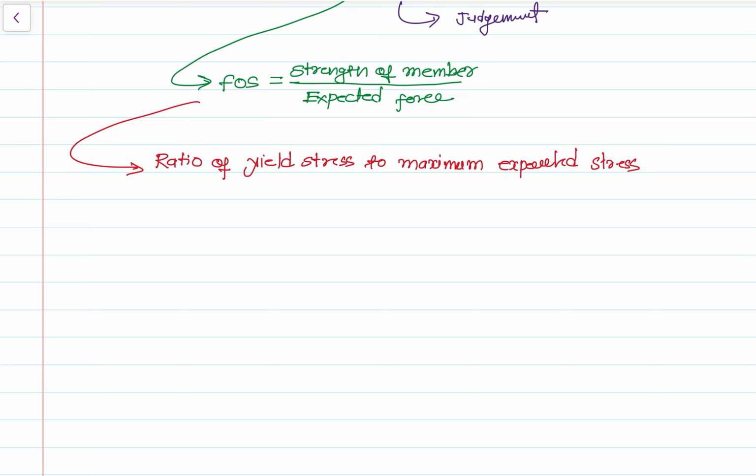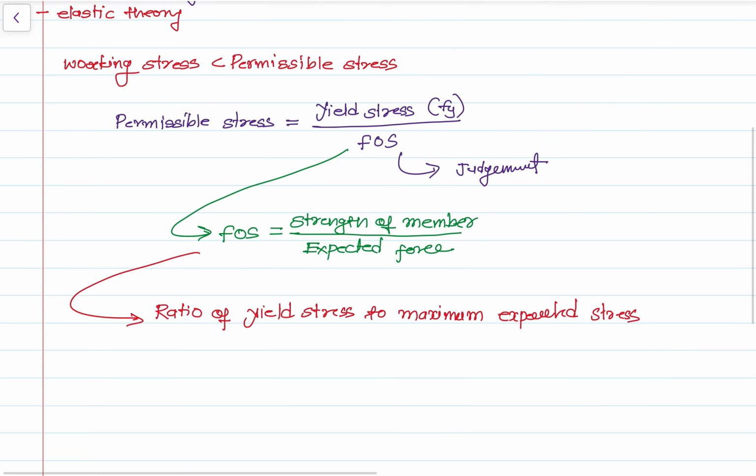This is the definition. So that's why factor of safety equals yield stress upon the working stress.